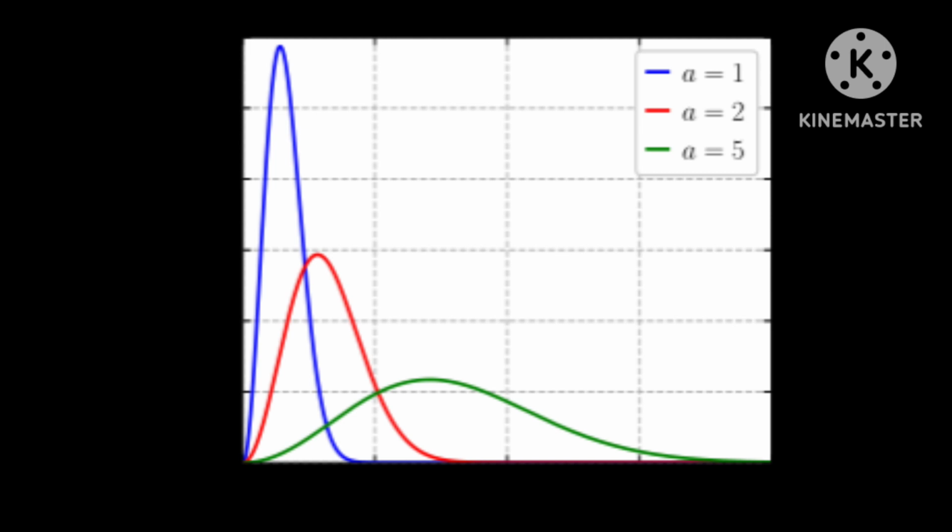And at that top point, where it meets the y-axis, the y-axis means fraction of molecules, so you can know how many molecules have the highest velocity from the graph, correct?